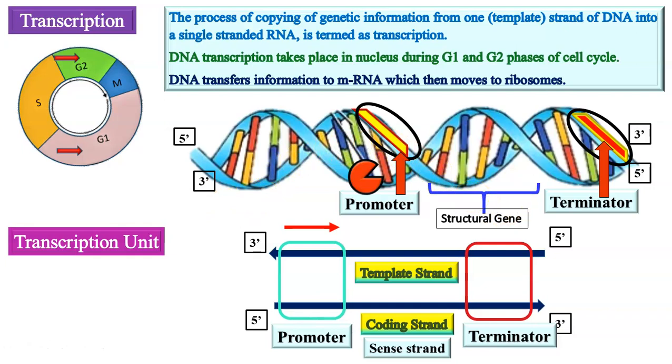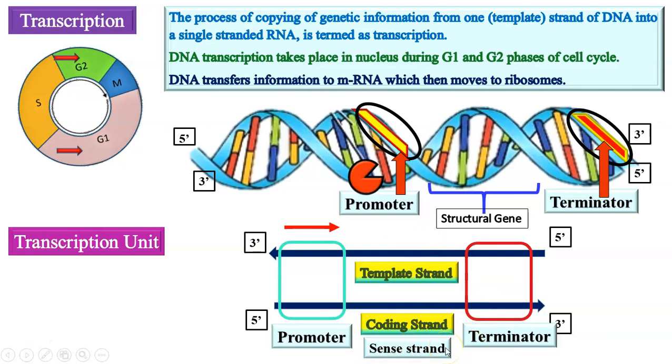The RNA polymerase catalyzes polymerization in the 5' to 3' direction. The other strand of DNA, having 5' to 3' polarity, is complementary to the template strand. It is called the sense or coding strand.